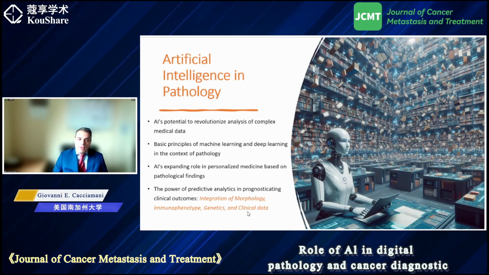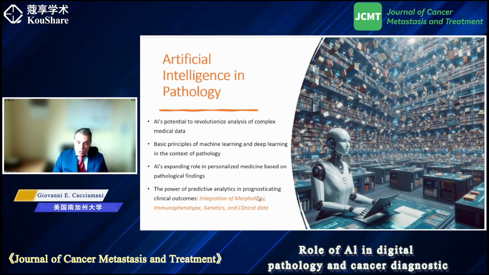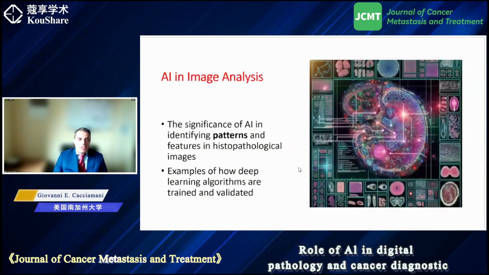So putting together morphology, immunophenotype, and even genetics and clinical data, which is basically what we currently do in our job. It can be, I wouldn't say a substitute, because I don't really believe in substituting people with machines, but I totally believe in implementing and integrating their job with a very powerful system.